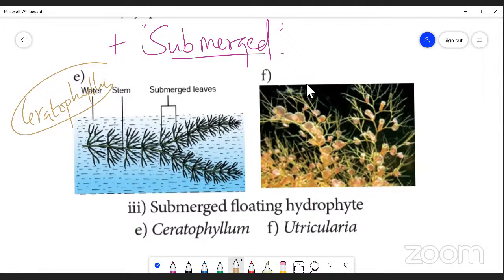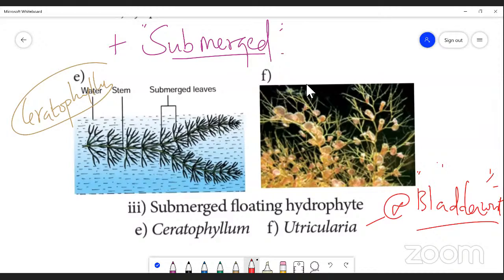Submerged floating hydrophytes. And one more example, Utricularia. Utricularia is also known as bladderwort. Could you mention its other name instead of Utricularia?